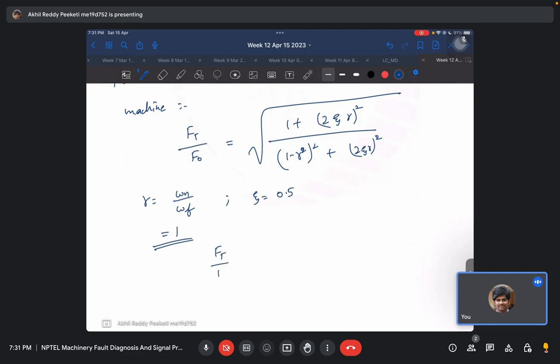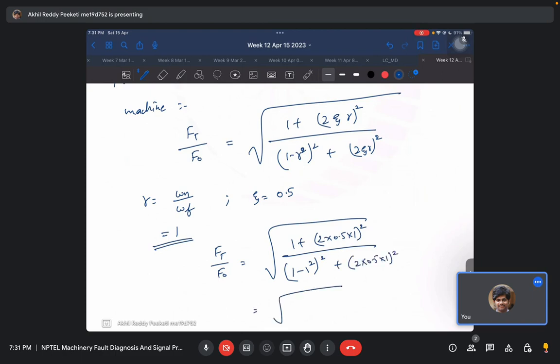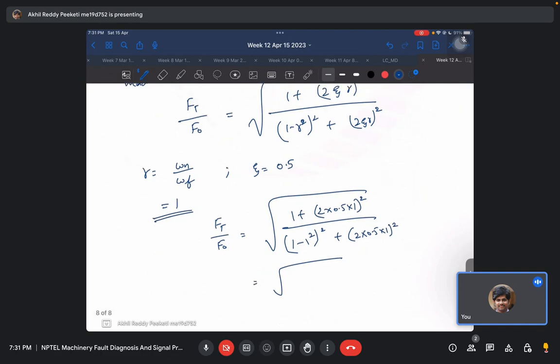Then F_T by F naught, the ratio, is 1 plus (2 into 0.5 into 1) whole square over (1 minus 1 square) whole square plus (2 into 0.5 into 1) square. 2 into 0.5 into 1 is 1, so 1 plus 1 by 1 minus 1 is 0, so 1, so root 2.